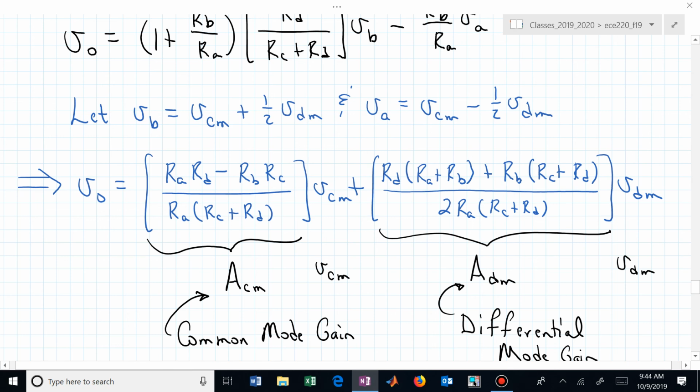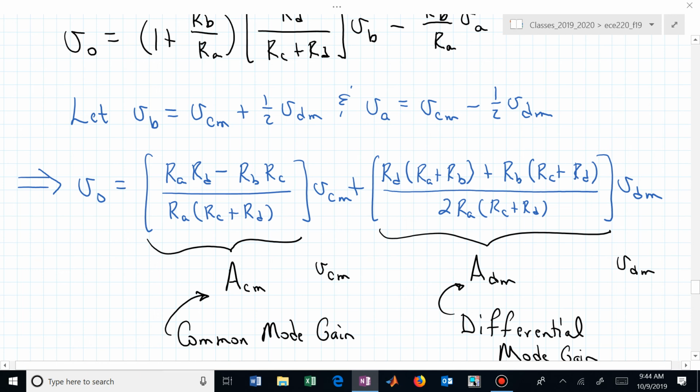But this now gives you a parameterized form of the output voltage in terms of the common mode voltage and the differential mode. What was the differential mode voltage? V sub B minus V sub A. What's the common mode? The average. What's in common to V sub A and V sub B?